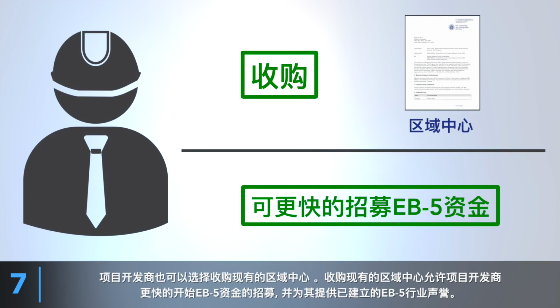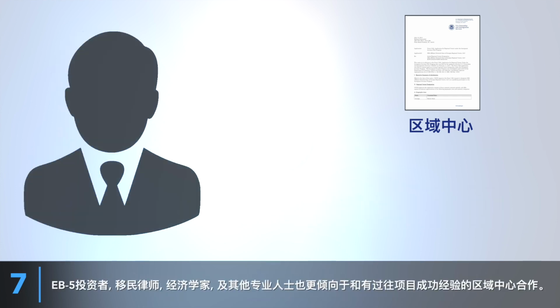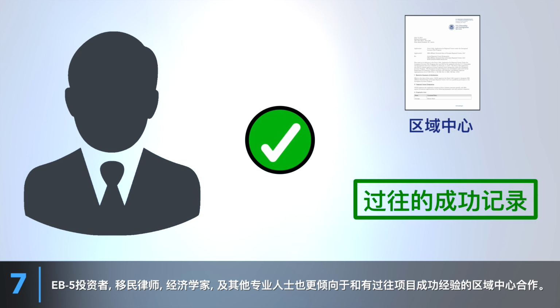Project developers may also choose to buy an existing regional center. Purchasing a regional center allows project developers to start raising EB-5 funding relatively quickly and provides them with an established reputation in the EB-5 industry. EB-5 investors, immigration attorneys, economists, and other professionals may be more inclined to work with a regional center that already has a proven track record of successful projects.